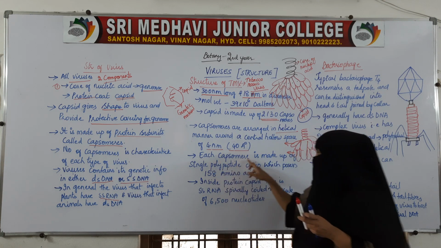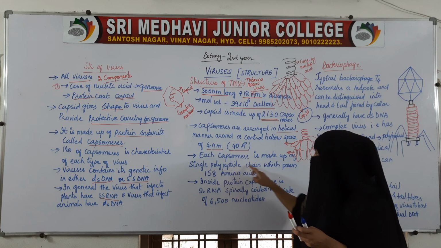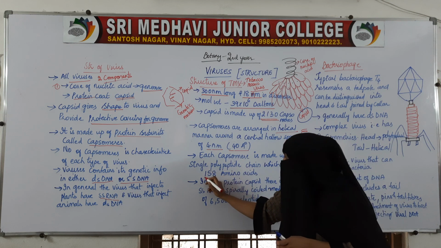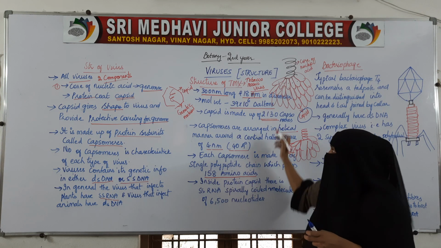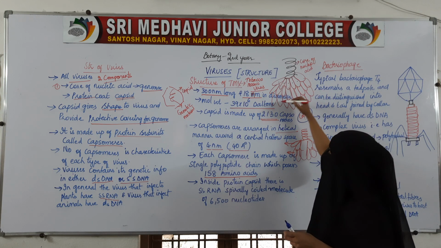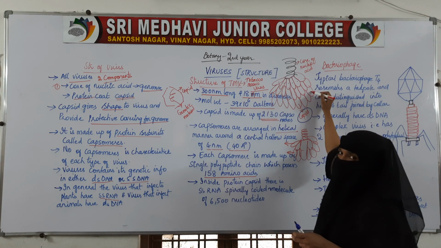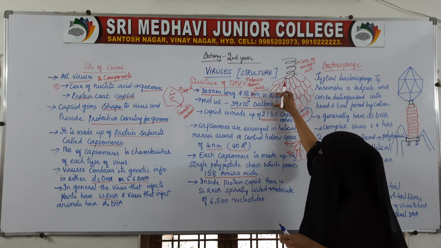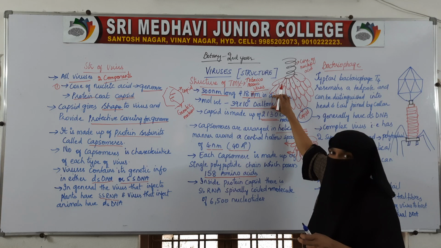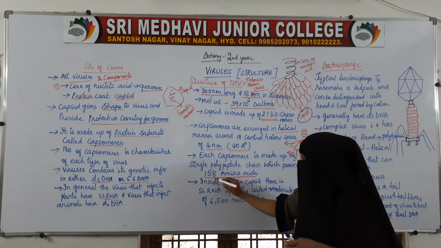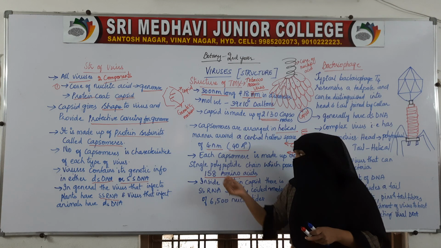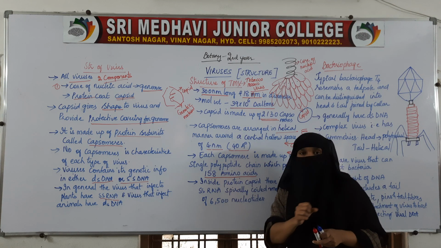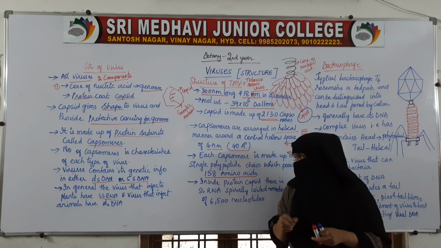So here each capsomere is made up of a single polypeptide chain which possesses 158 amino acids.